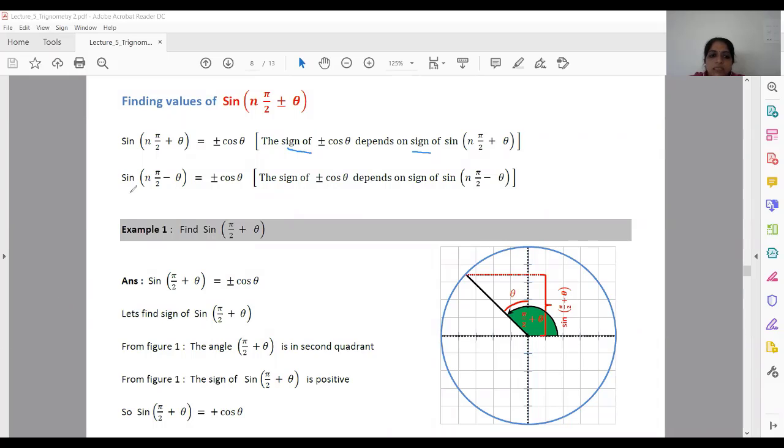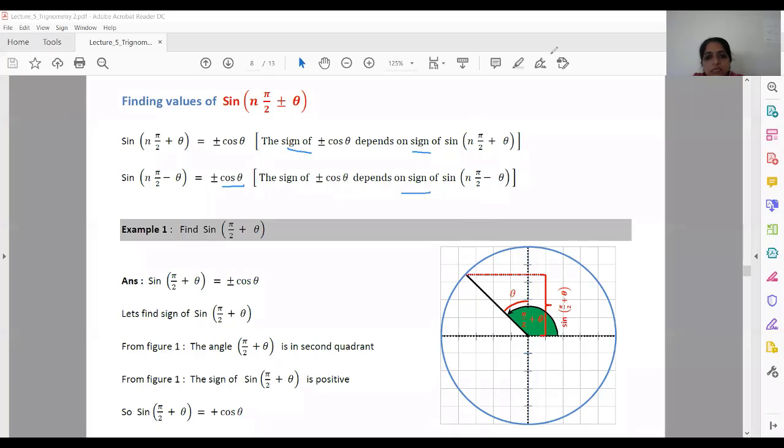In the same way, for sin n pi by 2 minus theta, here with pi by 2, the sin function will convert into cos. So what is the sign of cos? It may be plus or may be minus. But what is the actual sign? It depends on the sign of sin n pi by 2 minus theta.